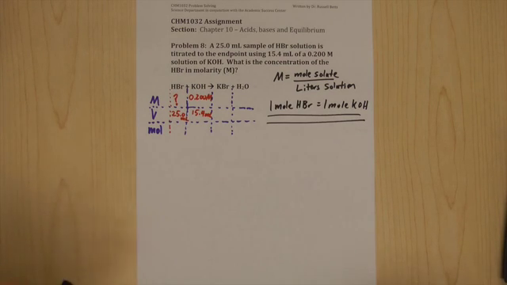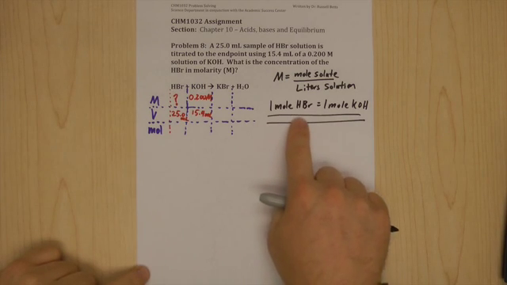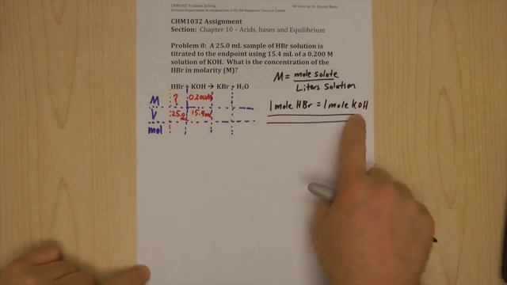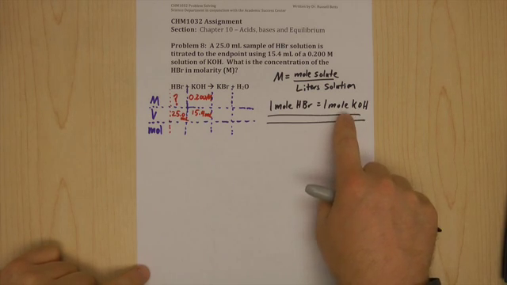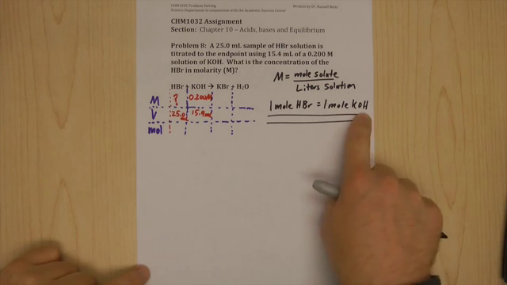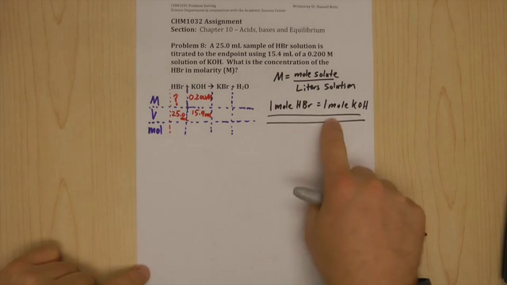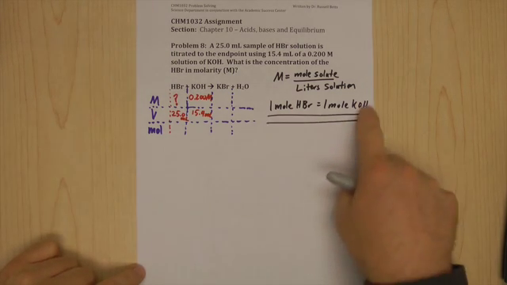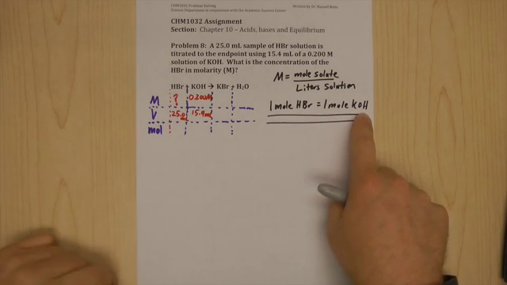Now, if we know the relationship between HBr and KOH, the equality right here, if we knew the moles of KOH, we could use this expression to figure out the moles of HBr. Let's say that again. This is an equality. This is basically a conversion factor.